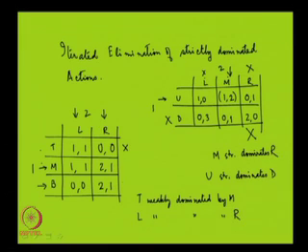If 2 plays R, he gets 1. So, R is weakly dominating L. So, L goes out of the question.